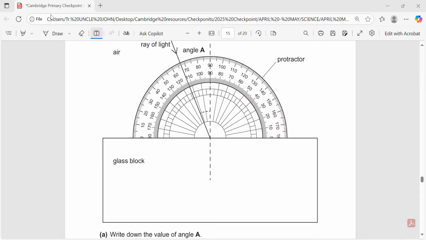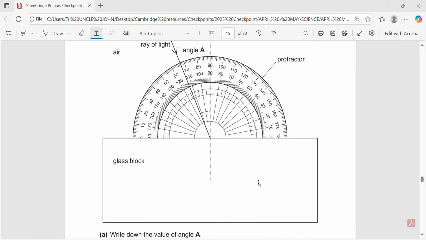Here you need to use a ruler. This ray of light will pass this way.